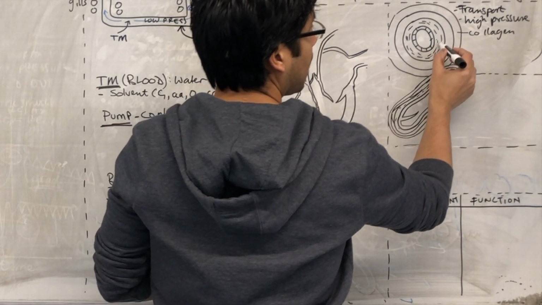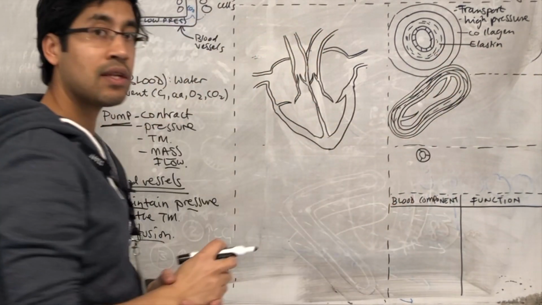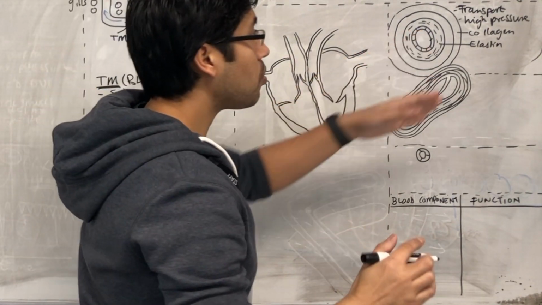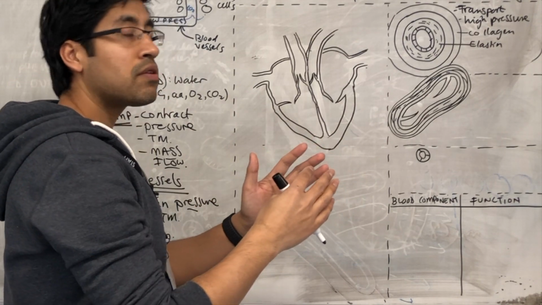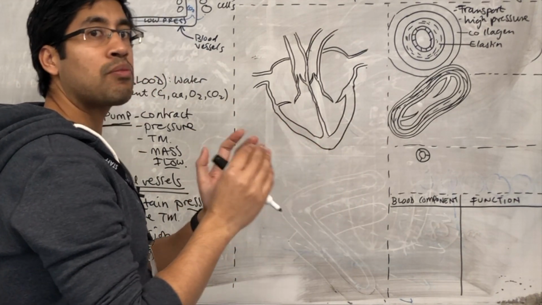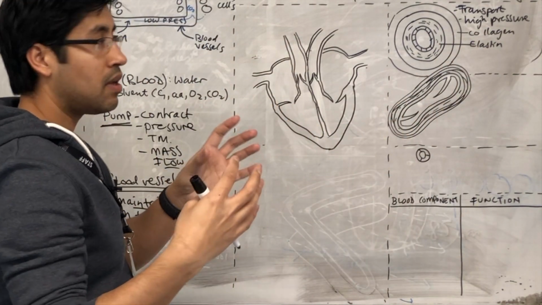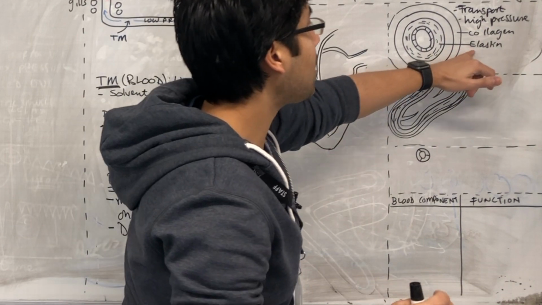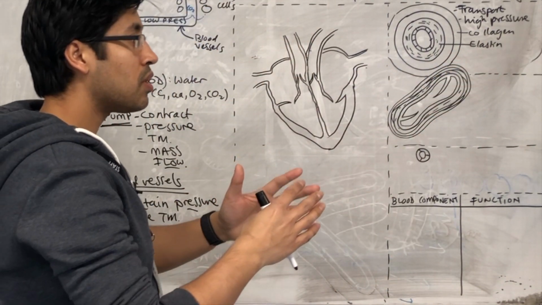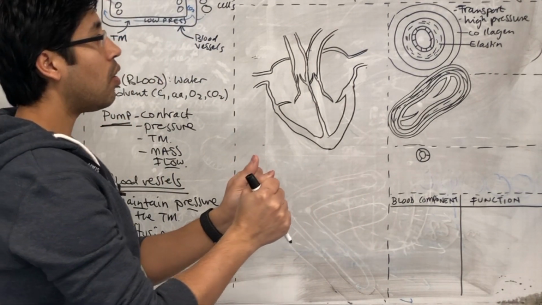Okay, it's got lots of elastin. It's got a thick layer of elastin so that it can expand and recoil to maintain that pressure on the blood. So the collagen gives it the strength to not burst under the pressure. The elastin gives it the ability to stretch a little bit and then recoil to maintain that pressure on the blood.